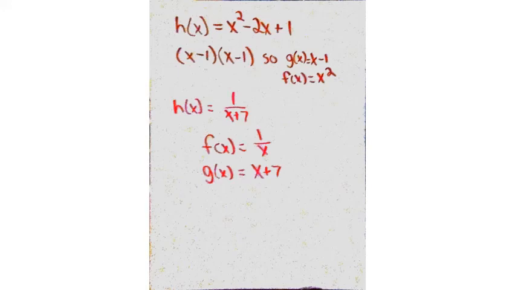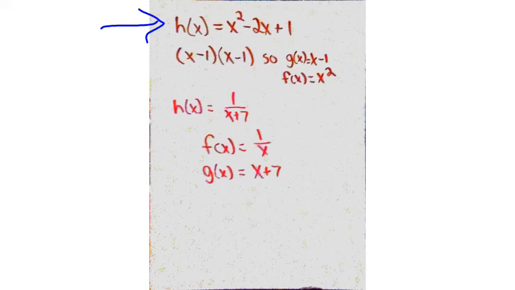So here they've given us a function: h of x is equal to x squared minus 2x plus 1. They're asking us to decompose that, or basically what two functions combined can give me x squared minus 2x plus 1.